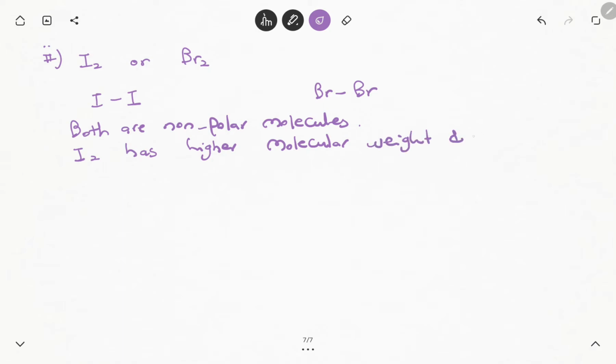and bigger. Okay, higher molecular weight and bigger molecular size than Br2. So the strength of van der Waals forces between I2 molecules is greater than Br2.